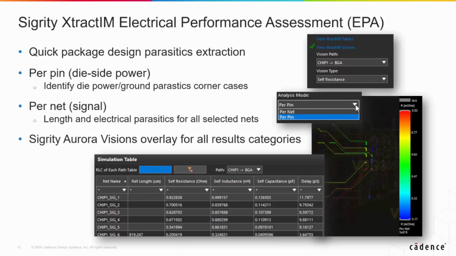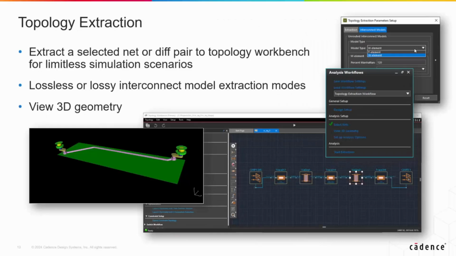The topology extraction workflow translates the interconnect and stack-up information for a user-selected net or diff pair into a topological view in Topology Workbench. Here, users can perform simple time domain simulations, parametric sweeps, and can also develop constraints that can be used to drive and verify implementation.